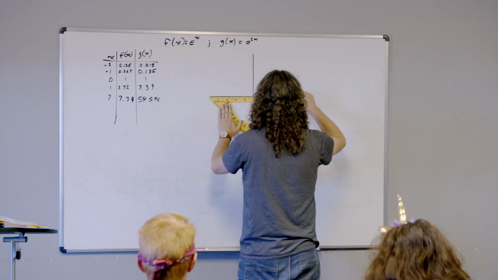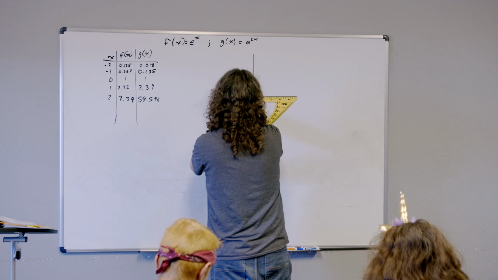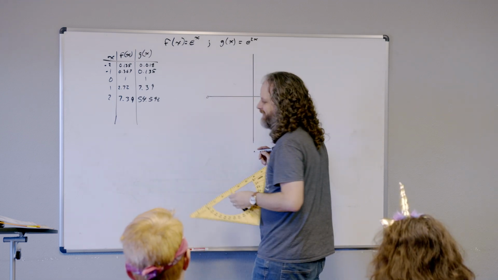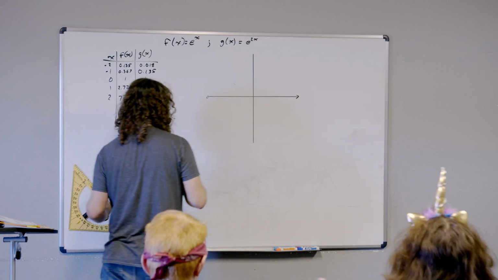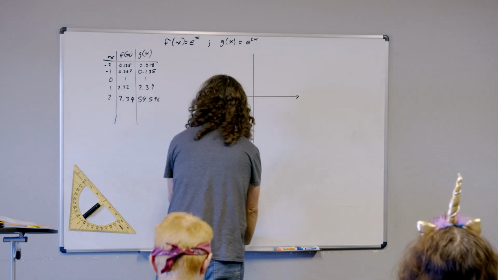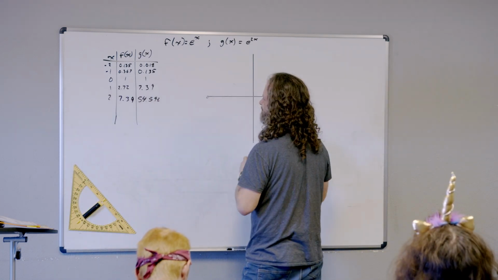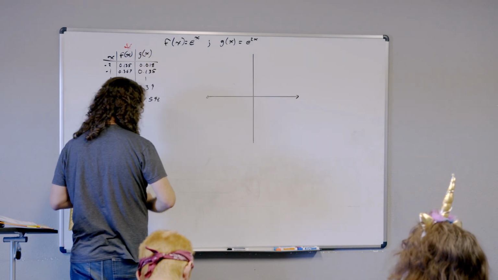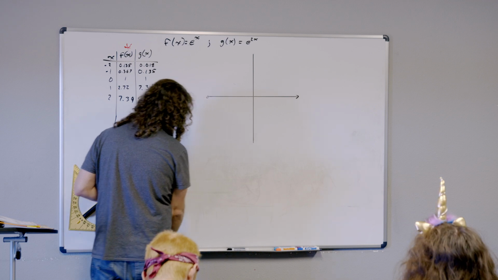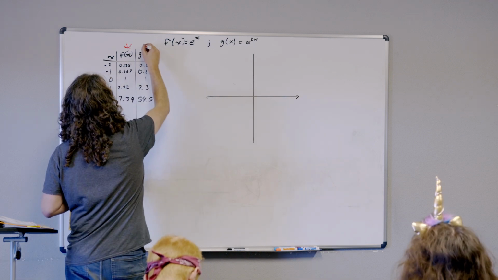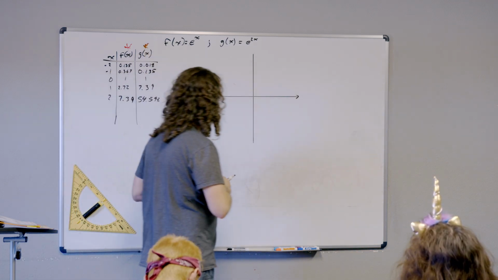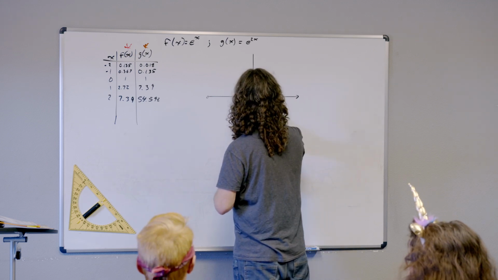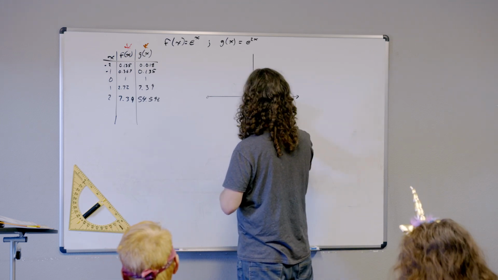I'm going to do this one in red, and this one in brown. Why not? It's not at all reasonable, but we'll make it work. All right, so negative 2. Oh, it starts out stretched and then it gets skinnier.